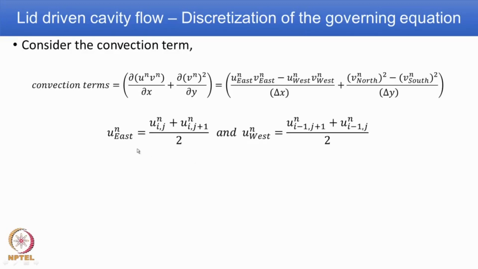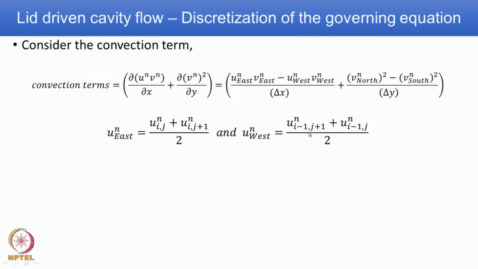Now, if you recall what we learnt in the week 4 lesson on convection term treatment, we have different approximation procedures: central differencing type of approximation, pure upwinding approximation, QUICK type of approximation, power law scheme, hybrid scheme. So, in this we implement the central differencing type of approximation. So, u at east is evaluated from the neighboring nodes in this way: u I comma j plus u I j plus 1, divided by 2.